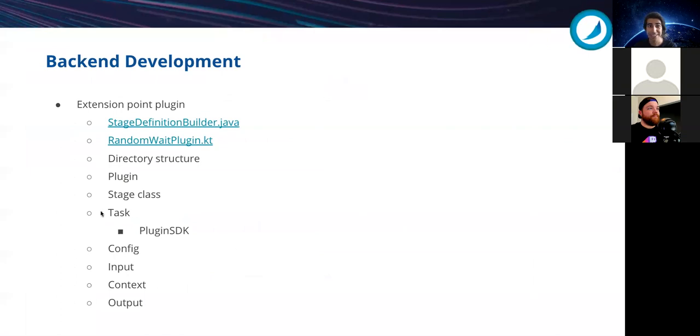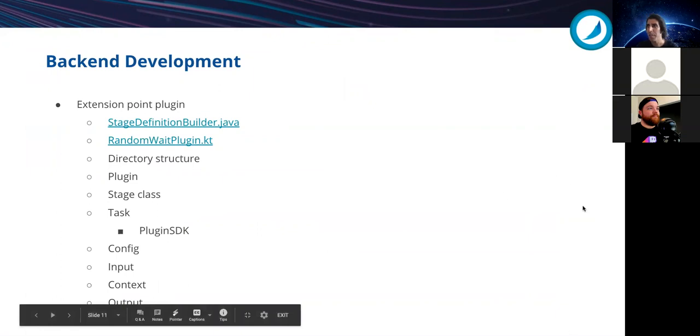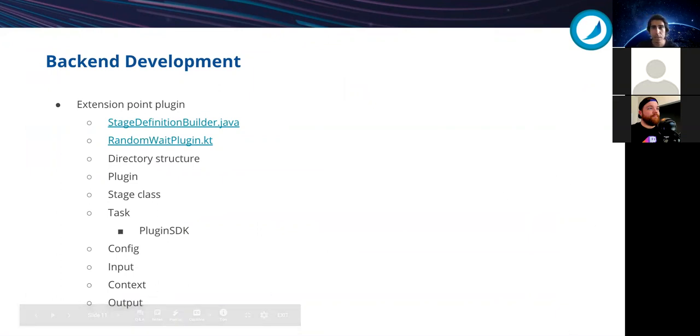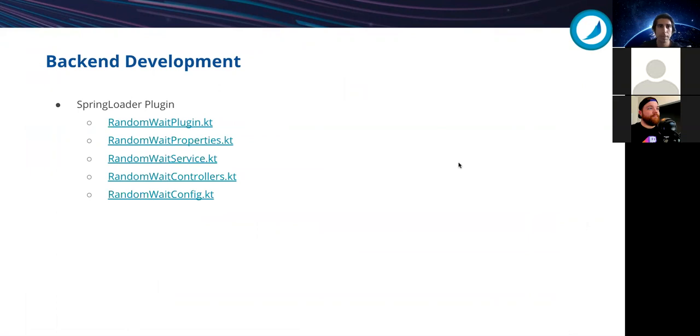So that was task in the plugin SDK. I know we got quite a bit off topic there. I did want to call out the input, context, and output because that's what I was just mentioning. Those are not as strongly typed now with the stage definition builder, where previously it was maybe a bit more strongly typed.